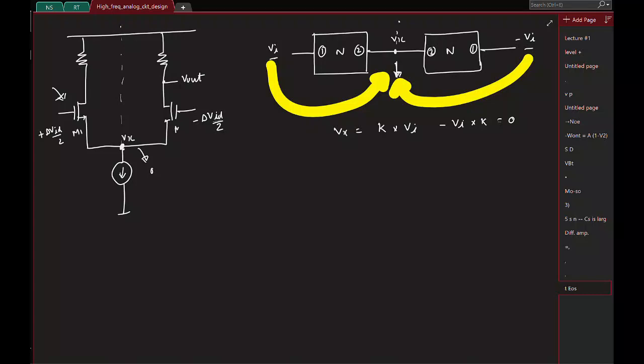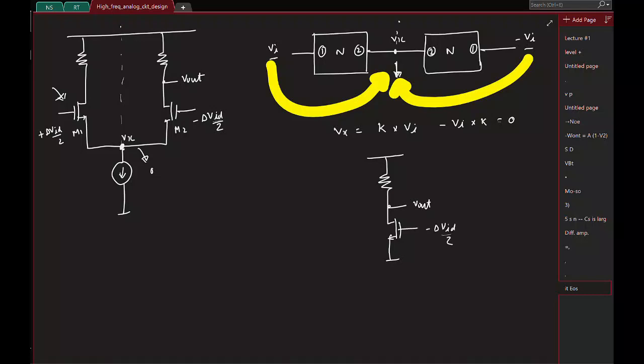I'll label the transistors M1, M2. So the half circuit will look like this. Vx is 0, so this is ground. This is V out, and this is minus delta VID by 2, right?